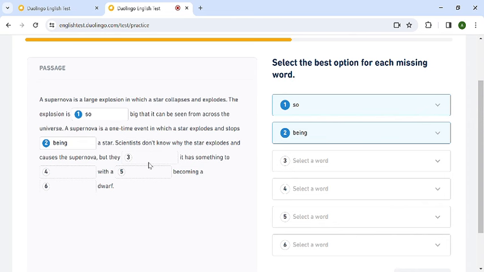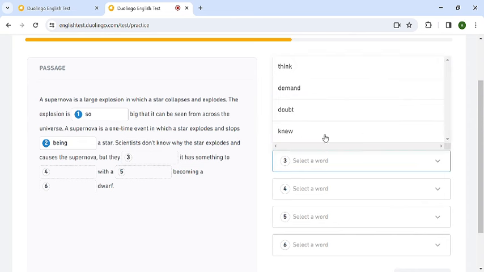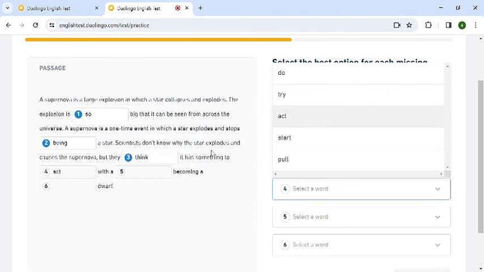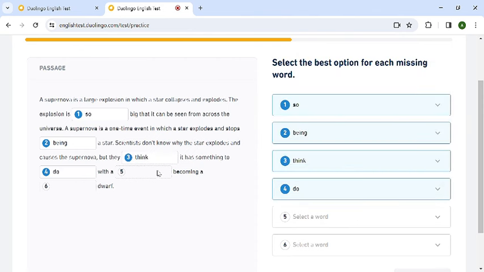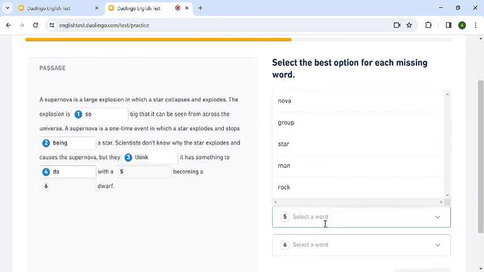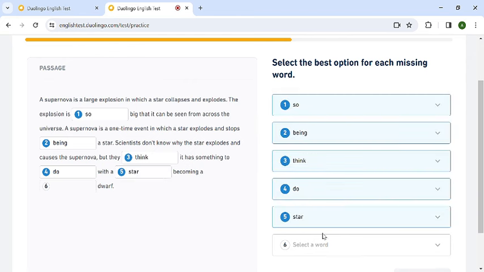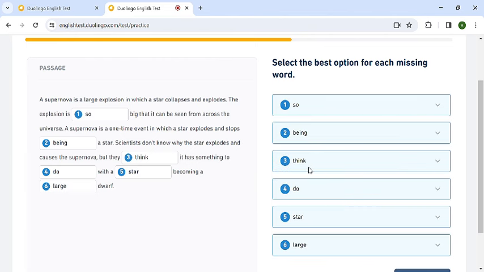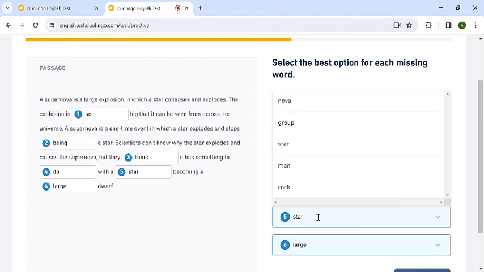Scientists don't know why the star explodes and causes the supernova, but they think it has something to do with a star becoming a star dwarf.